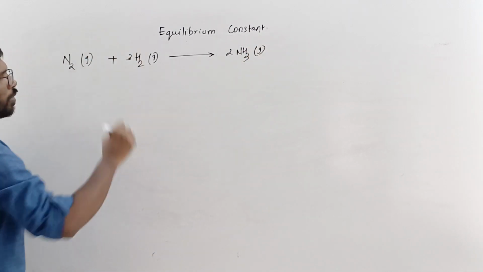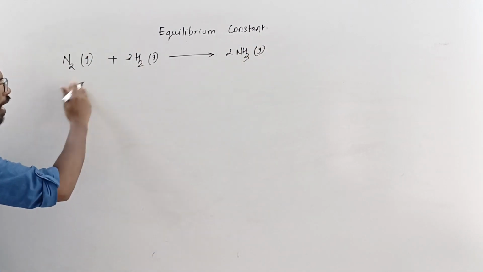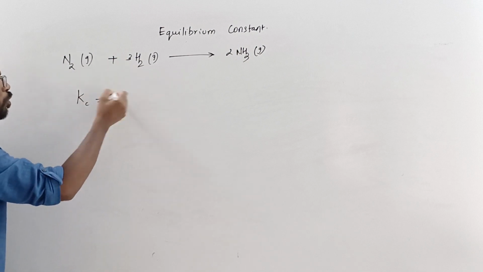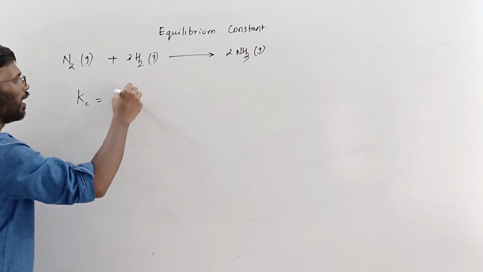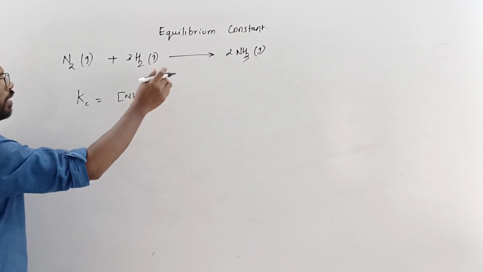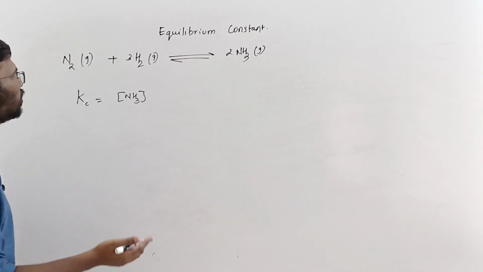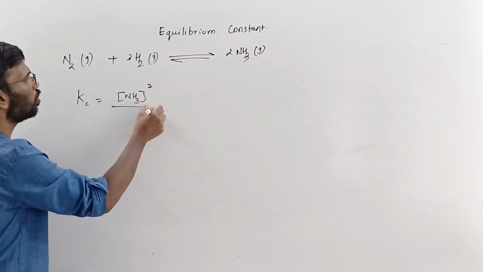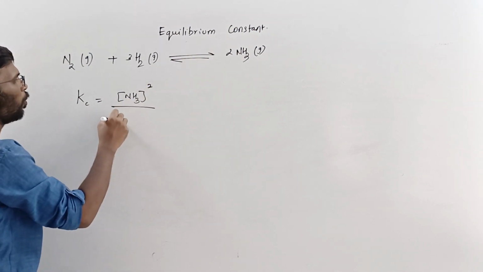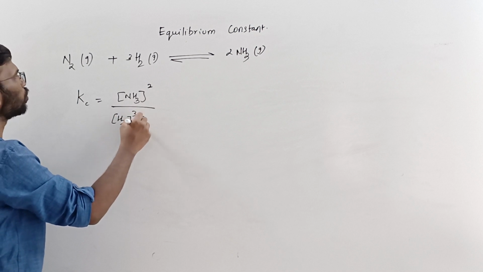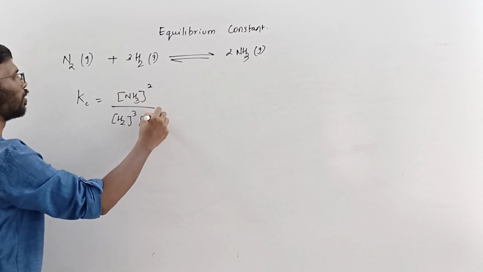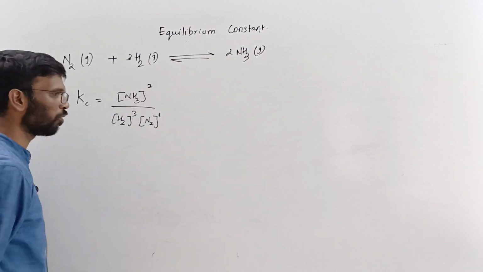So here how will you write the equilibrium constant? Kc, you will write this as NH3, right? This arrow is important, equilibrium reaction. NH3, the product, raised to its stoichiometric coefficient, upon the reactants raised to their stoichiometric coefficients. Over here the stoichiometric coefficient is 1.